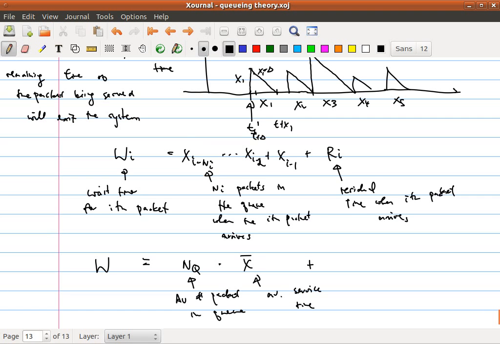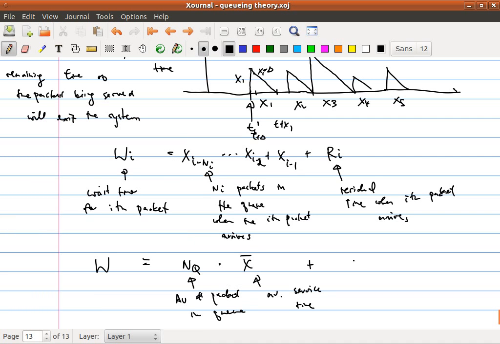Okay, so this part we can really approximate as, on average there will be n-cube of them, and each of these components on average have x bar so long, so therefore on this thing take an expectation will be just n-cube times x bar.